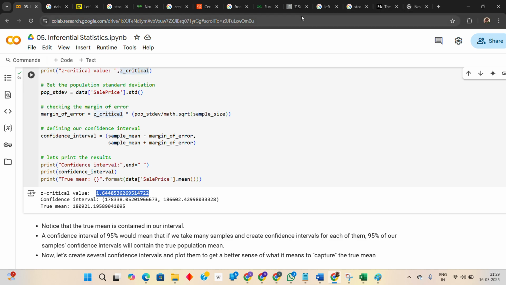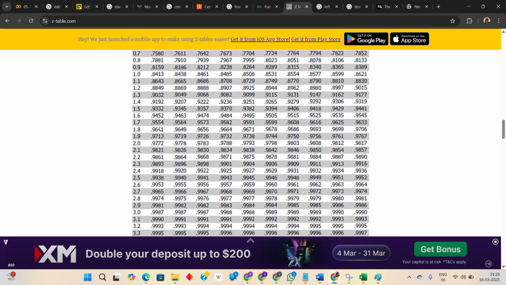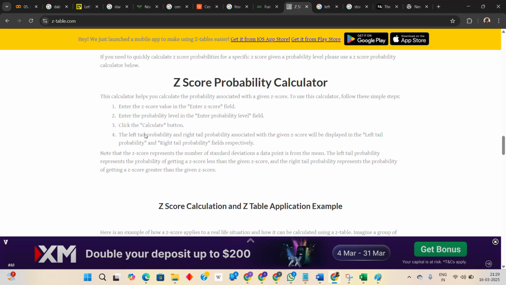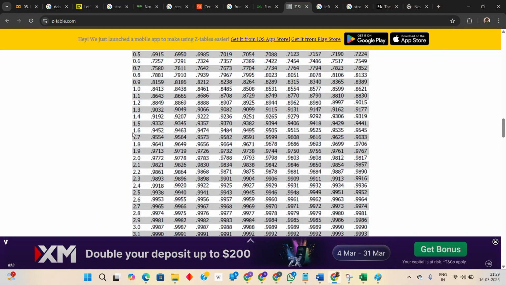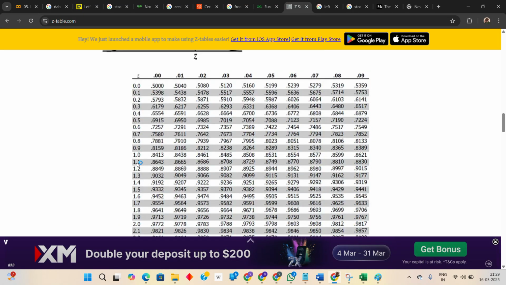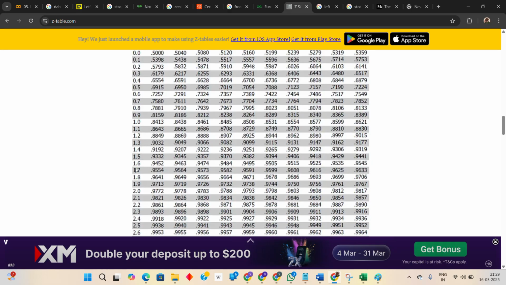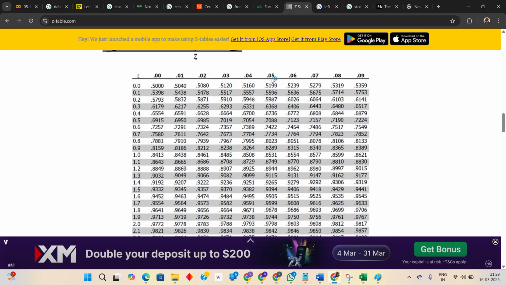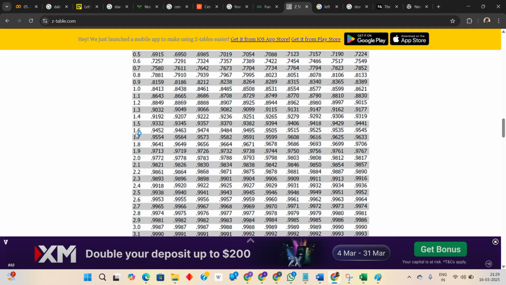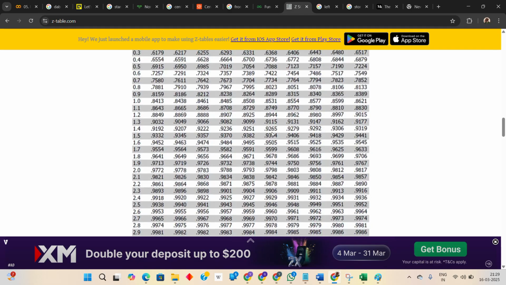You can also go to the Z score table and search for the Z value 1.6. Here it is 1.6, and the confidence interval is 95. 95 means there is 0.05, right? I told you the remaining percentage is 0.05. Here our case is 1.6 and 0.04.